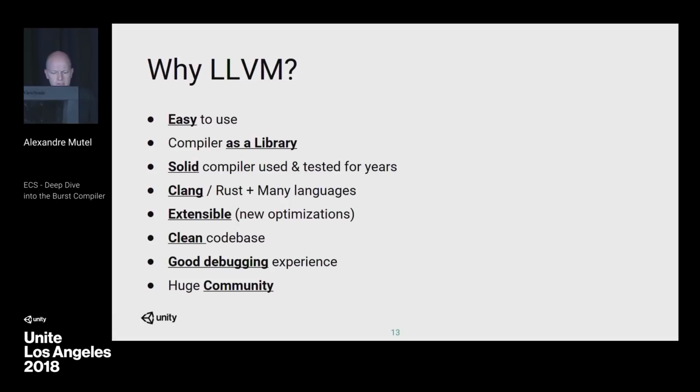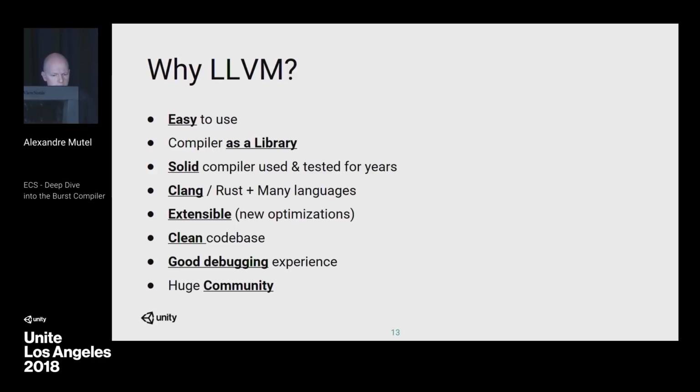Another question you could have is why LLVM? LLVM is a fantastic compiler library that has been developed for years. It stands for low-level virtual machine, but they dropped this acronym because it was no longer relevant to its usage today. Today it's used by Clang and by languages like Rust.